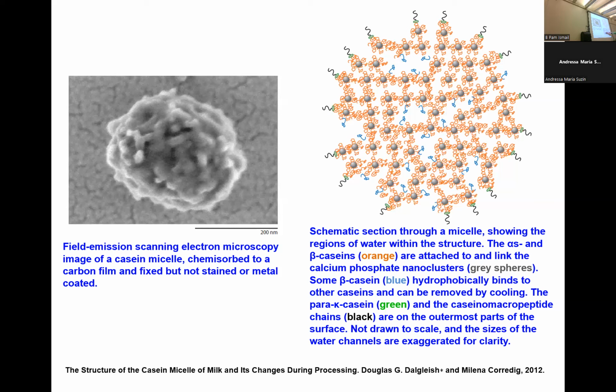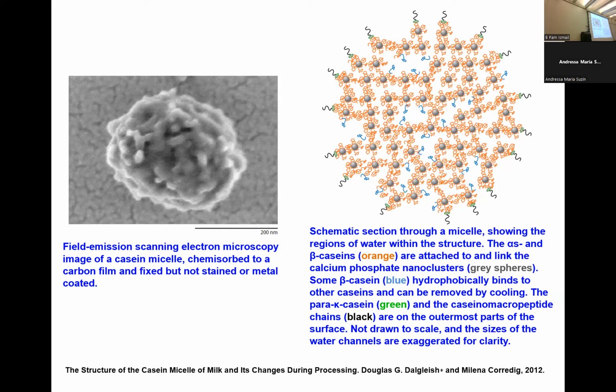And the green is the para-kappa casein, which is the hydrophobic component of the casein. You see it's associated with the hydrophobic components of the other caseins. And then the black structure is your glycomacropeptide.